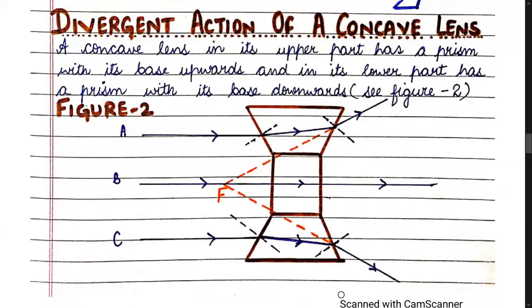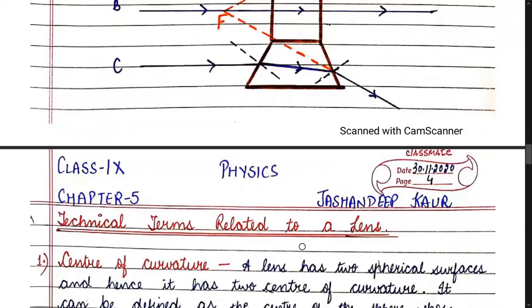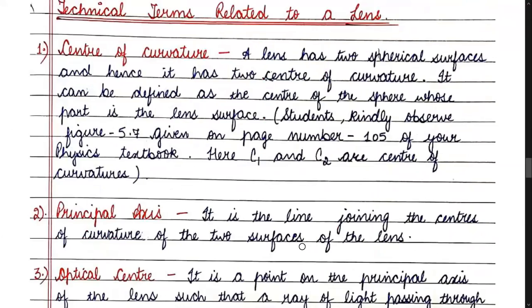Now students, let us study certain technical terms related to a lens. First term is center of curvature. Students, a lens has two spherical surfaces and hence it has two centers of curvature, which can be defined as the center of the sphere whose part is the lens surface.